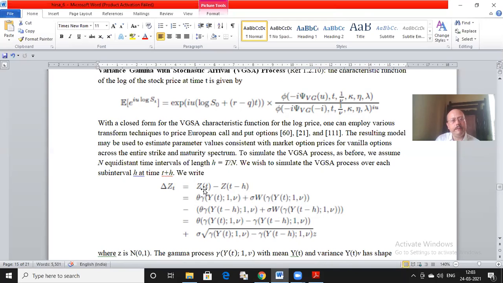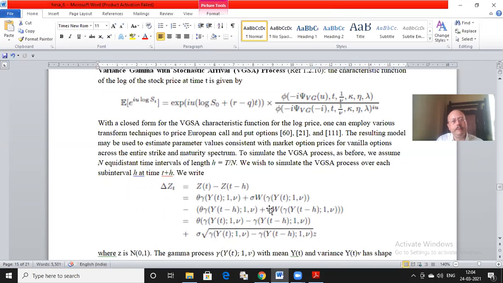So this is evaluated at t and t minus h. Now if I collect terms, the theta terms I can write together, and the sigma W gamma terms I can write together in this way, because I know that the standard error for this Wiener process will have a square root order, the square root of the parameter inside.